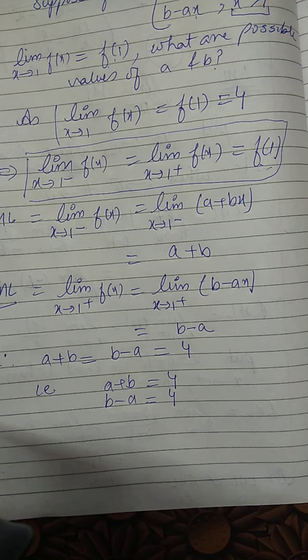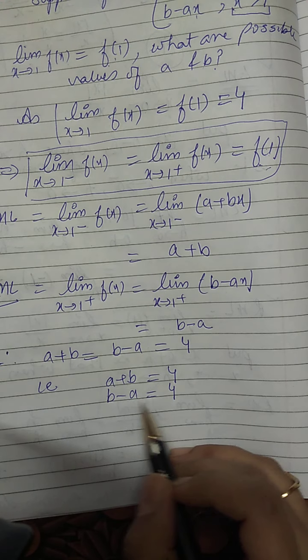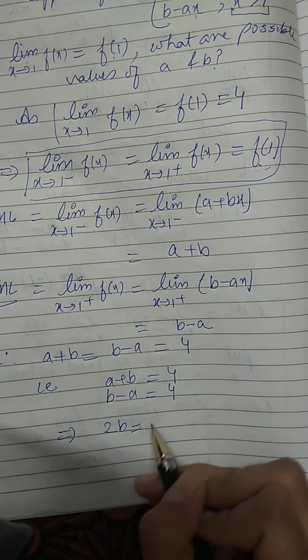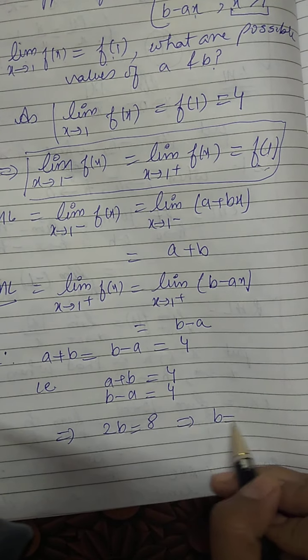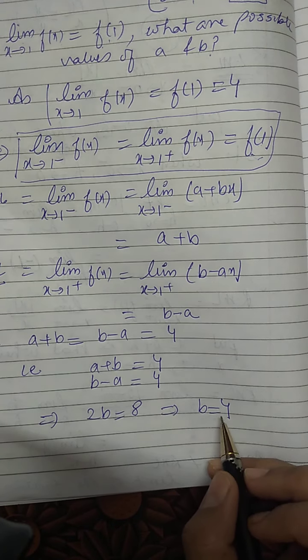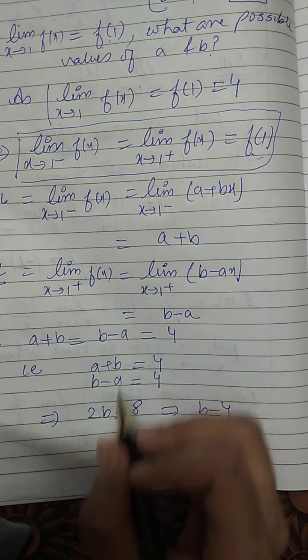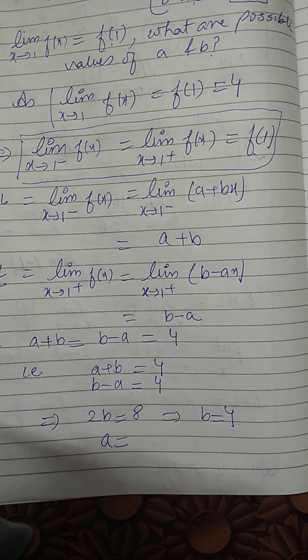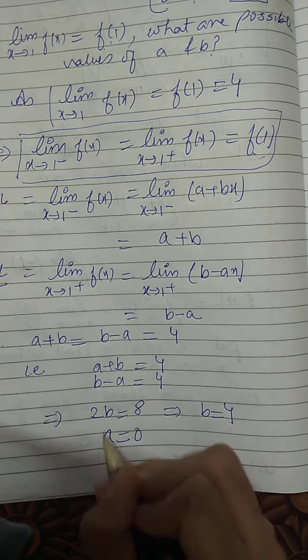Both the expressions are equal to 4, so we will just calculate a and b. If I just add them, I am getting 2b is equal to 8, that is, the value of b is 4. Okay, so if I put the value of b as 4 there, the value of a will be 0.